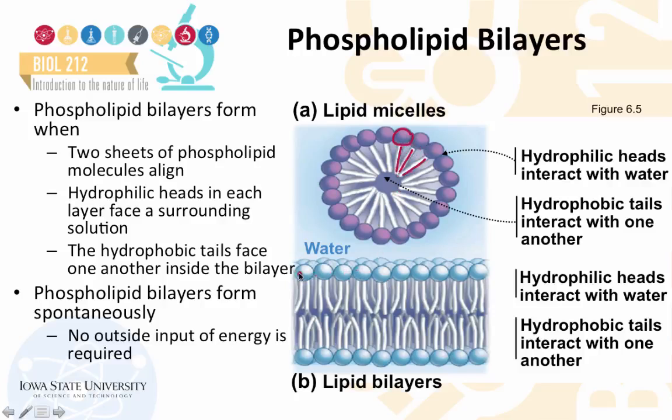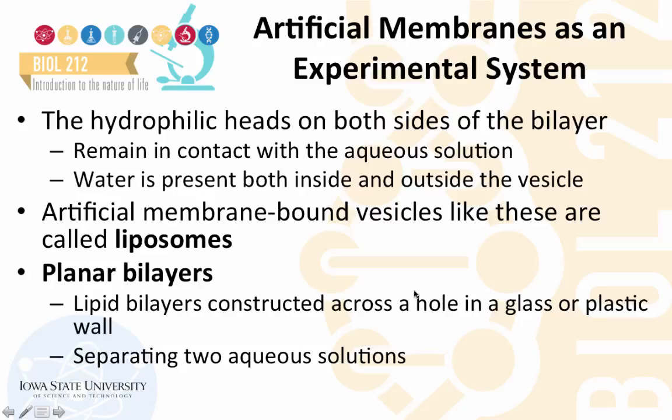On the other hand, phospholipid bilayers form when two layers of phospholipids align with each other with their hydrophilic heads facing the water or aqueous solution and their hydrophobic tails, whether saturated or unsaturated, face the interior of the bilayer, again avoiding water. Scientists often use these bilayers as experimental systems to study the movement of molecules across cell membranes.